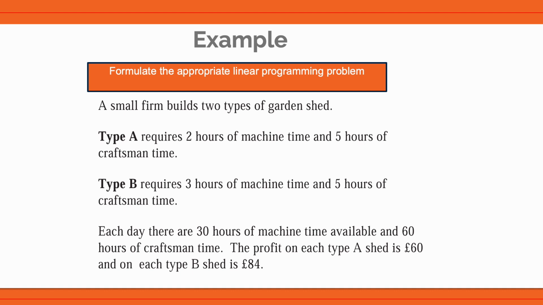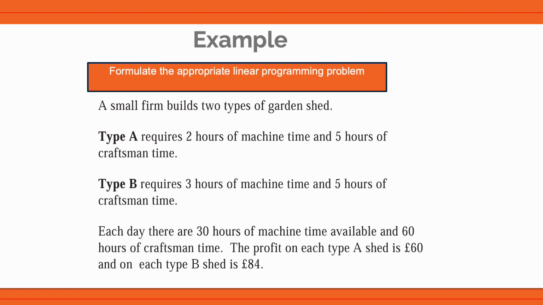Moreover, we can see also that craftsmen who work on type A require 5 hours and those who work on type B also require 5 hours. This means we can use 5 for type A and 5 for type B to also form an equation or an inequality.